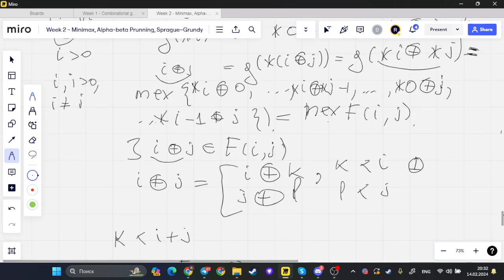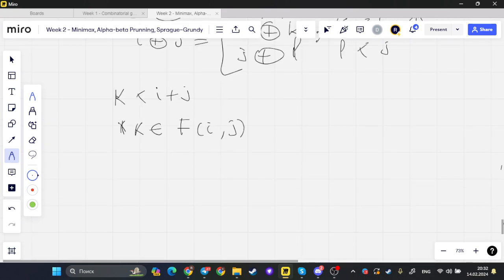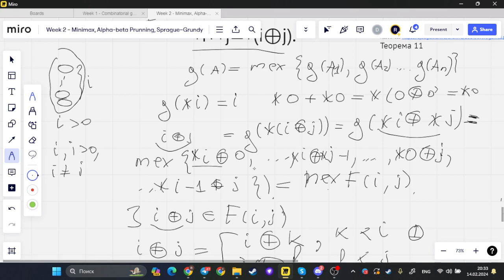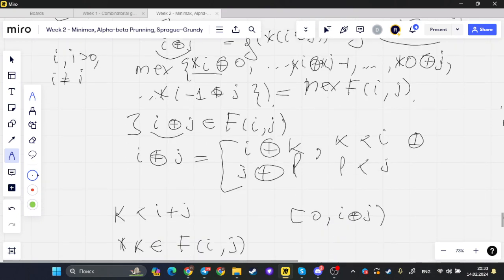Okay, and to prove this, I use this: if I take this interval, all the numbers of the set belong to max.